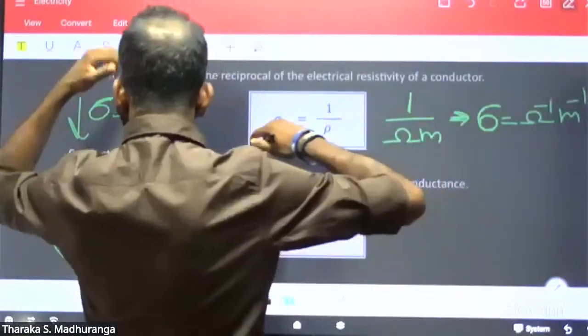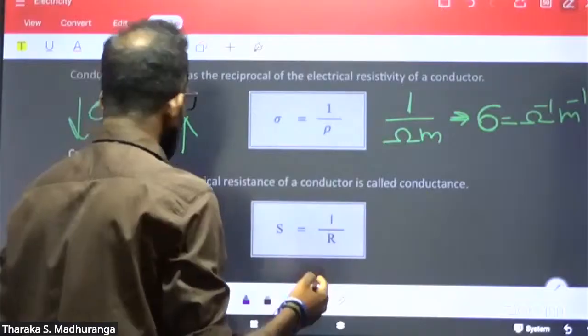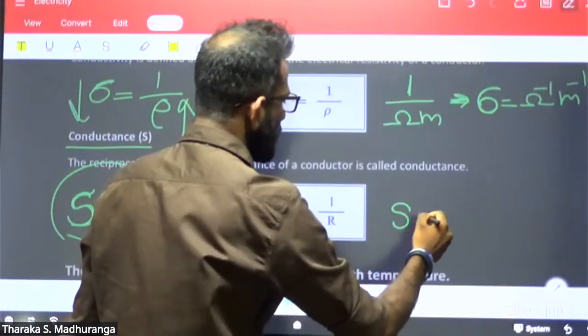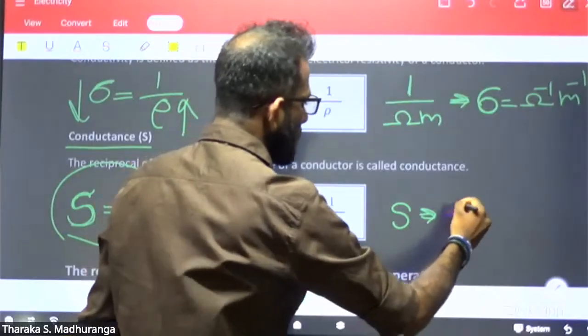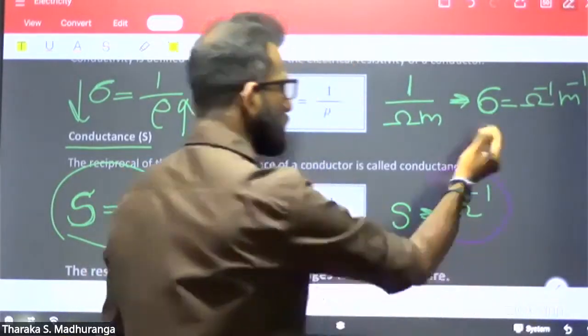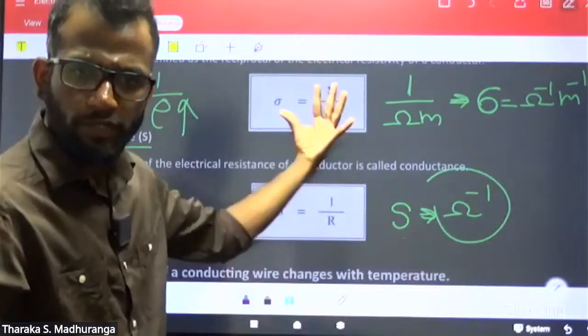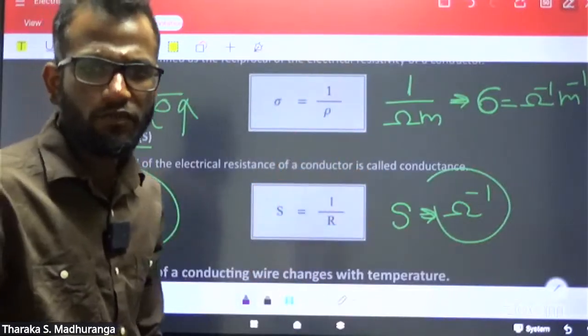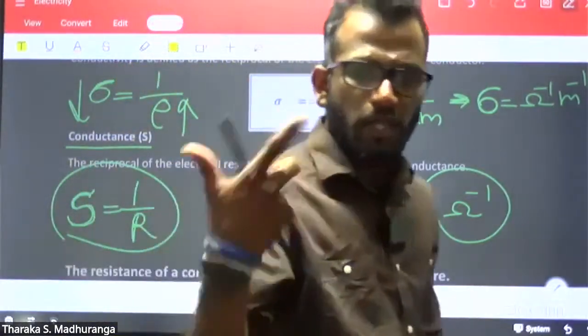The conductance standard unit is S, per ohm. You don't need to remember them, only keep in mind this equation and these definitions for a general idea.